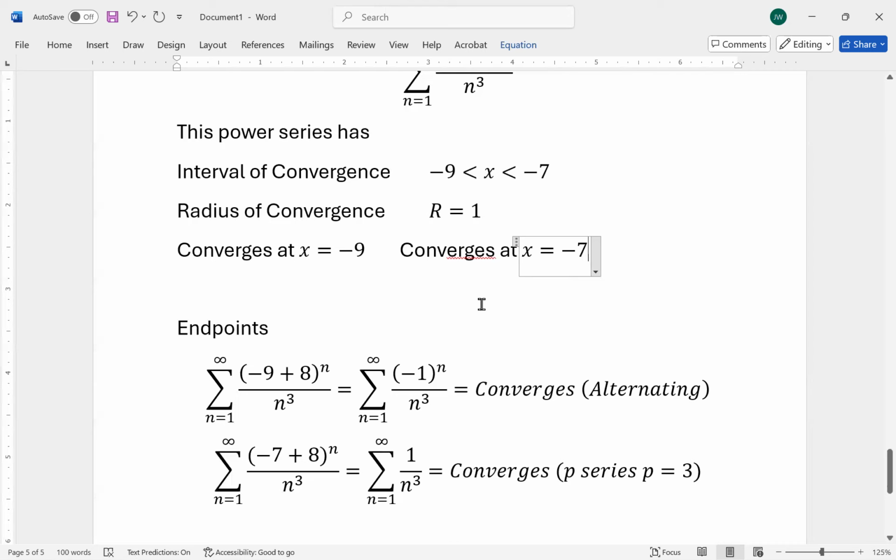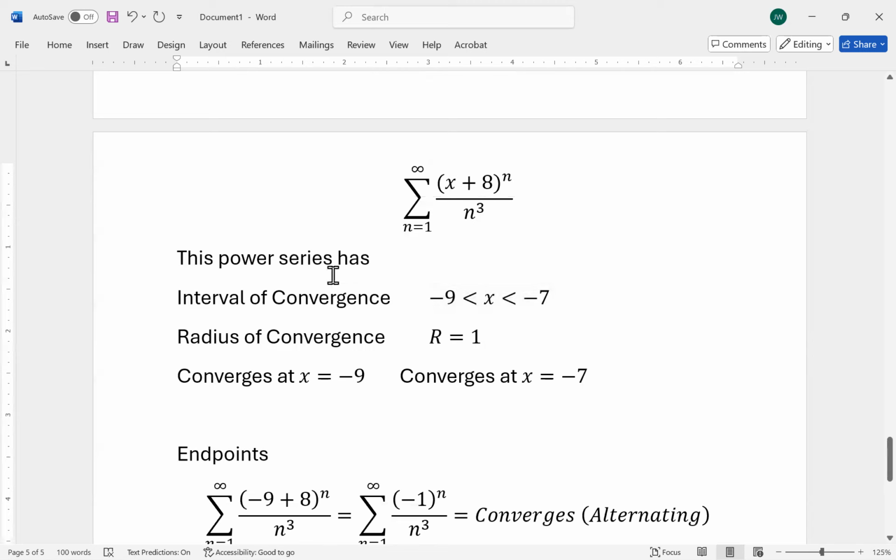Converges at both places. Both endpoints, sorry. This is the information that in my class you'd be asked to give. You'd be asked to give the interval of convergence, maybe the radius of convergence, and then whether it converges at each of these 2 endpoints.